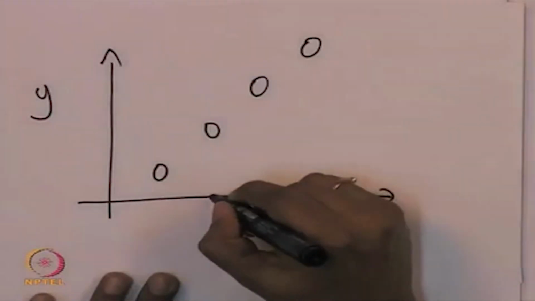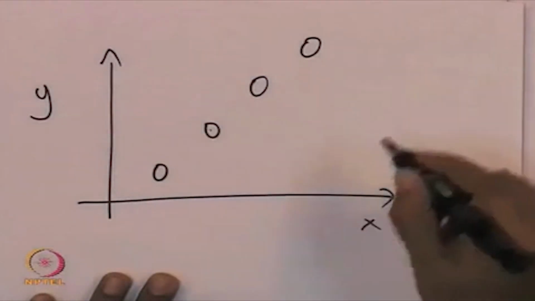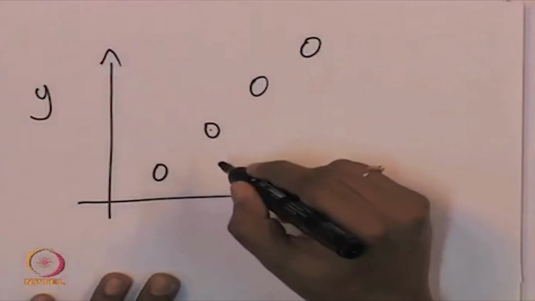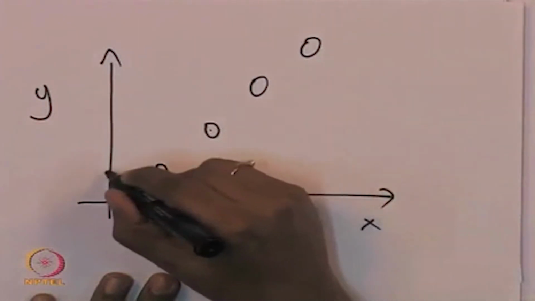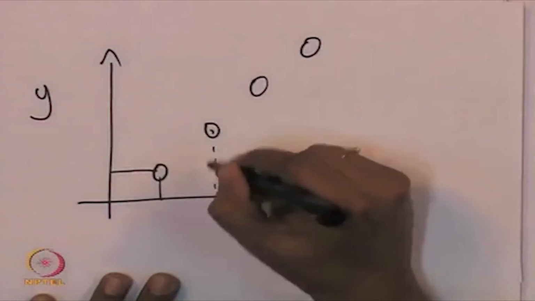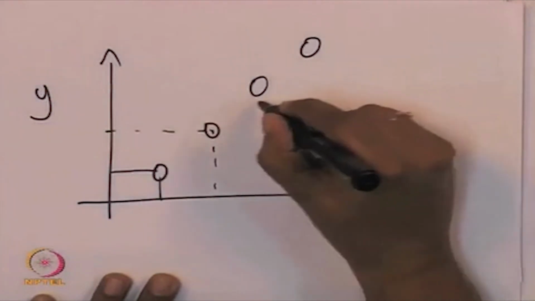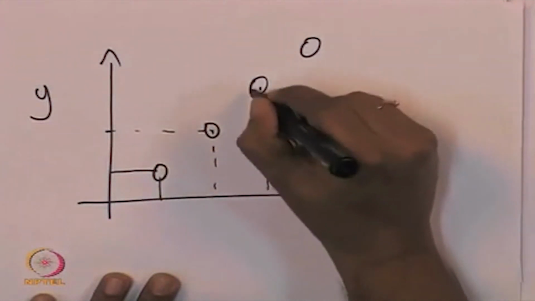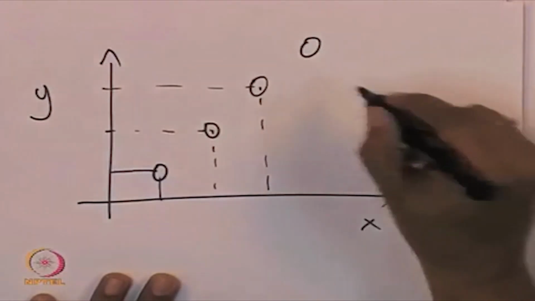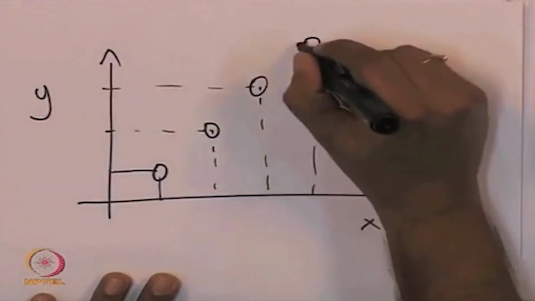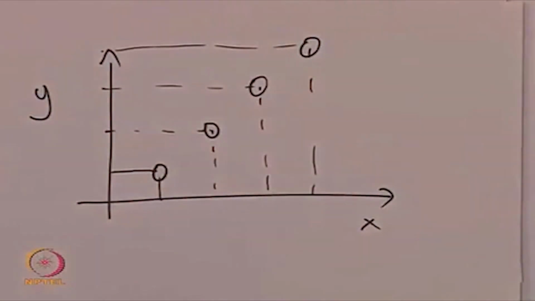These are the data points you get from an experiment, and there is an x value and a corresponding y value. This is the x value and this is the corresponding y value, and so on.